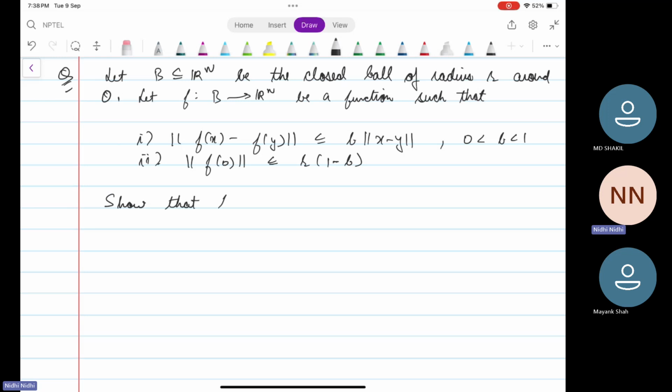Show that f has a unique fixed point in B. So yeah, we'll start with a similar proof.